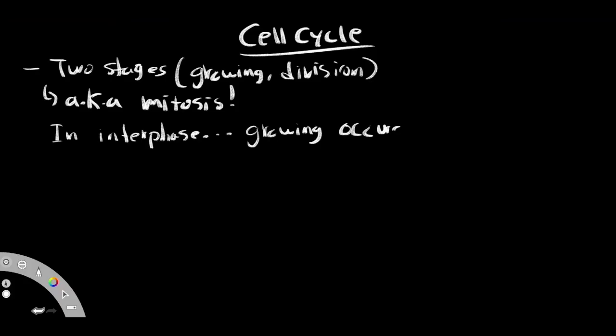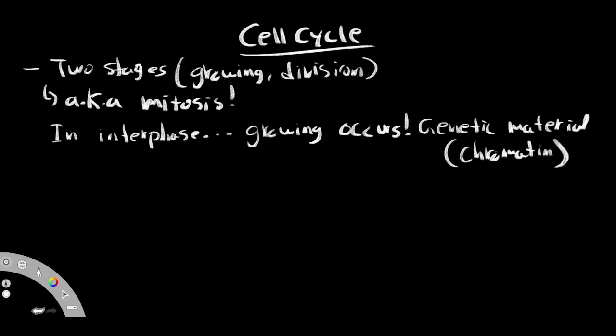Growing occurs. The genetic material is not a chromosome. The genetic material is the chromatin. Remember that spaghetti-like fashion? You just have strings around. These are all just chromatin, and this is all happening in interphase.